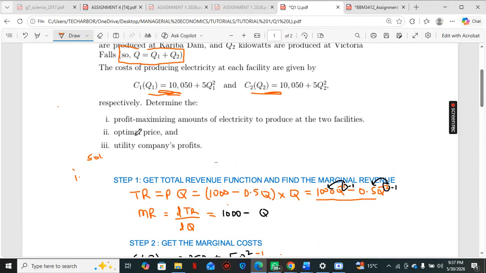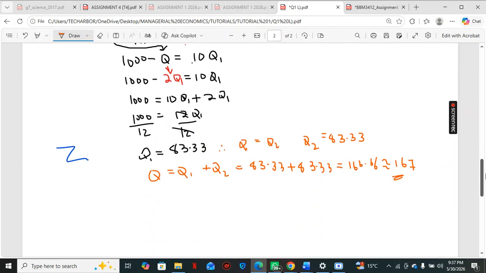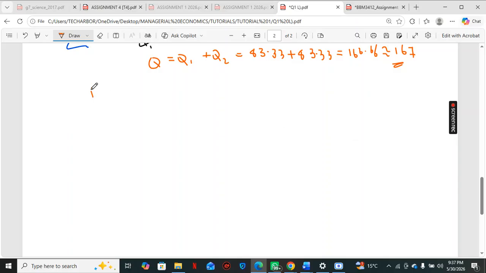Determine the optimal price. Okay, so the optimal price is determined by using the profit maximizing quantity. The optimal price is the best price to charge for this electricity. So remember, colleagues, P equals 1000 minus Q. And we already have Q. Q is 167.